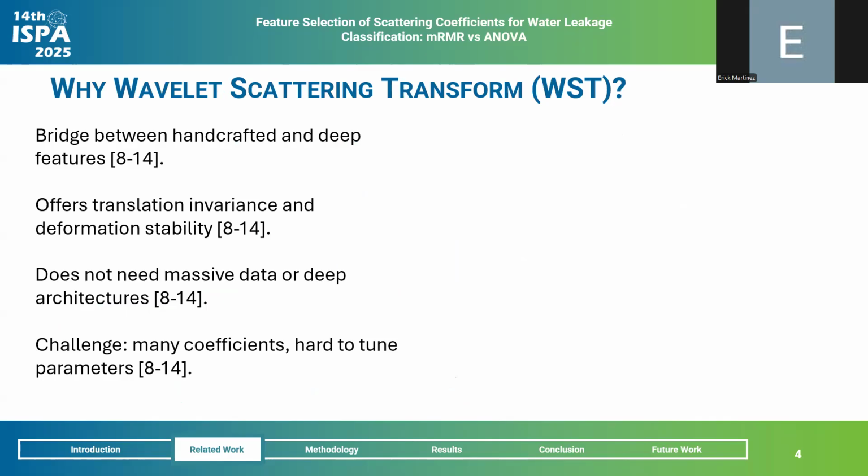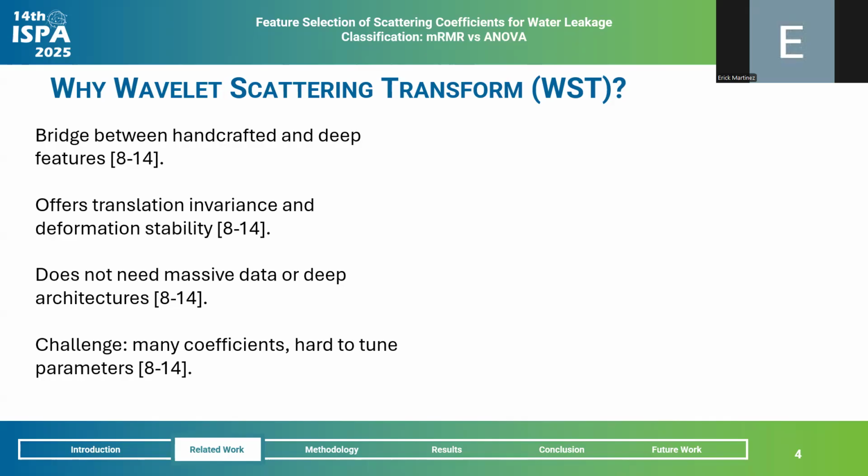Also, one of the advantages of this scattering transform is that you don't need to use a deep learning architecture to extract the features automatically. You can handcraft the features in a way that they are invariant to translation, but also stable to deformations. And that can help us to reduce the within class variance of the set of signals. Also, this technique does not require massive data or deep neural network architectures.